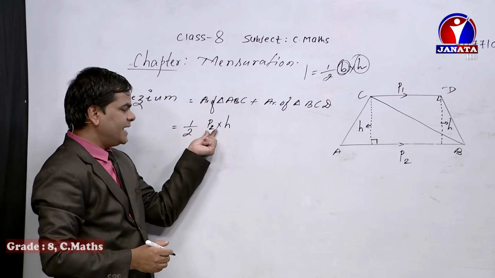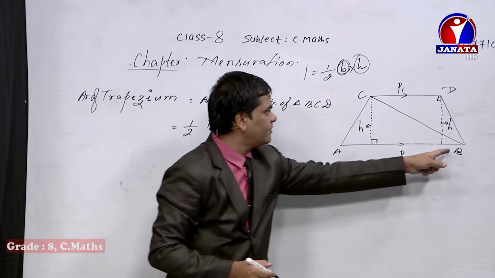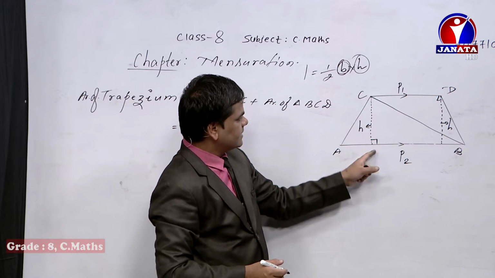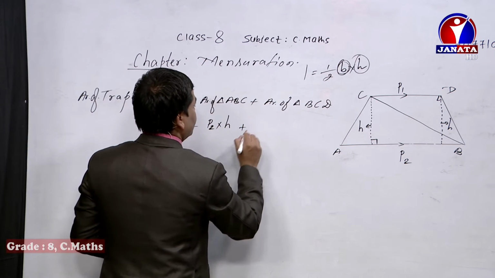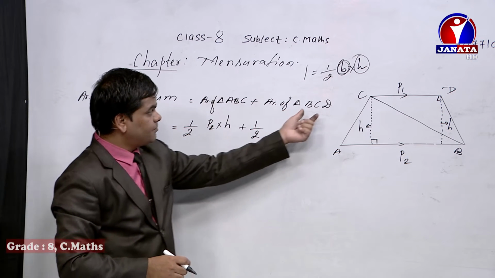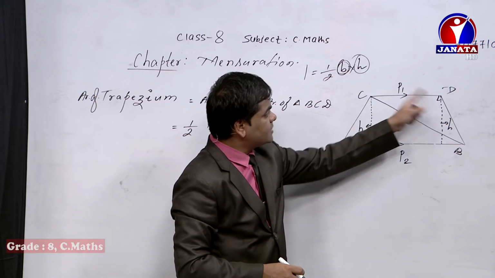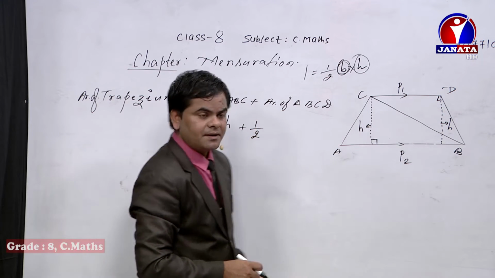1/2 base, in the place of base we got P2. So, if you see the triangle ABC, the base is P2, and then the height is h. So, we kept h. Now, plus 1/2. In case of triangle BCD, just watch out, 1/2 base, as here is 90 degree, so base becomes P1.